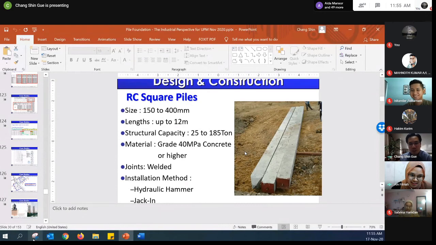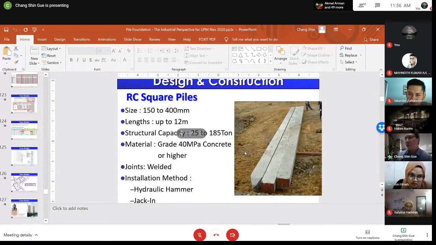You have to evaluate your overhead bridge, what the loading is, and then see your soil profile, what kind of soil or rock you're dealing with. You have to analyze the soil properties and the soil profile before you can do your design. You can't immediately say this is the structure and these are the piles to use. You have to incorporate all the information to do a proper study and design.